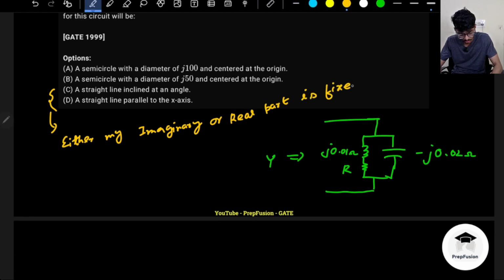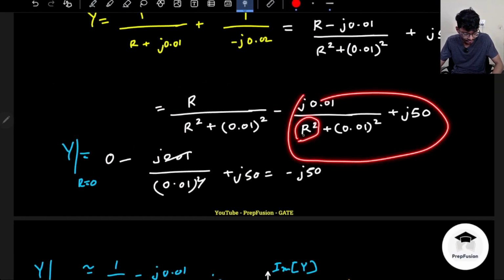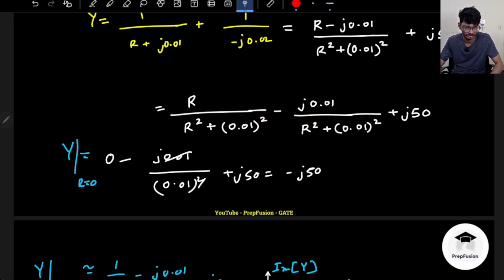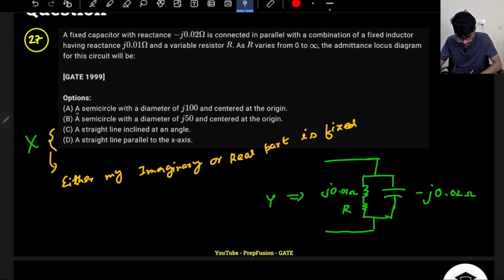Now is that the case here? Is my real or imaginary portion fixed? No, the imaginary part is also a function of r, the real part is also a function of r, so it is not fixed. So this is not possible, this is out of the picture. Now these are the only possibilities. The first one is a semicircle with diameter of j 100 and centered at origin, and another is a semicircle with diameter of j 50 centered at origin.